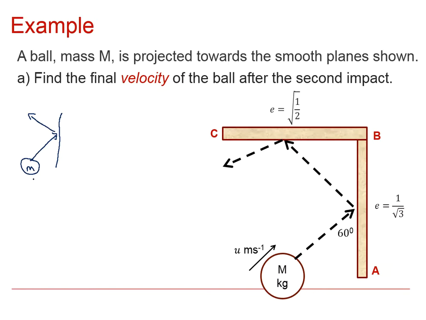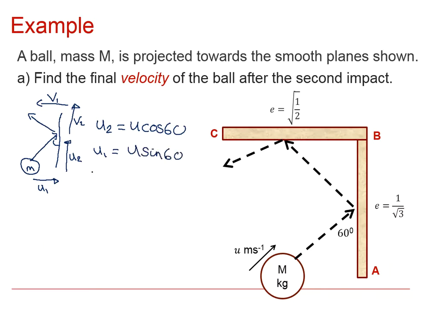Okay, so what we're interested in finding is the component U1 in this direction and U2 in this direction, and then V2 and V1. Okay, so U2 we know is U cos 60 because it's adjacent, and U1 is U sin 60.